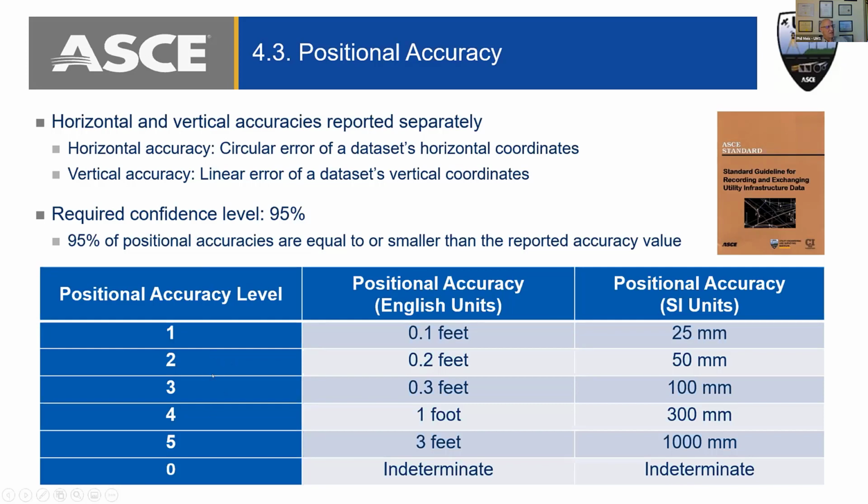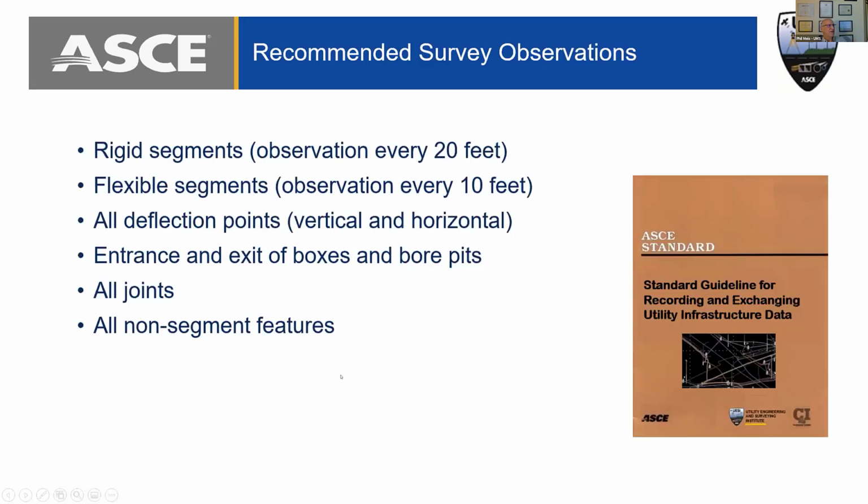So you could basically, as an administrator, say, hey, I want that to accuracy level 3 or better, and then to get that, these are rough guidelines for achieving that. If it's a rigid pipe, we want to get every joint. That's an asset.